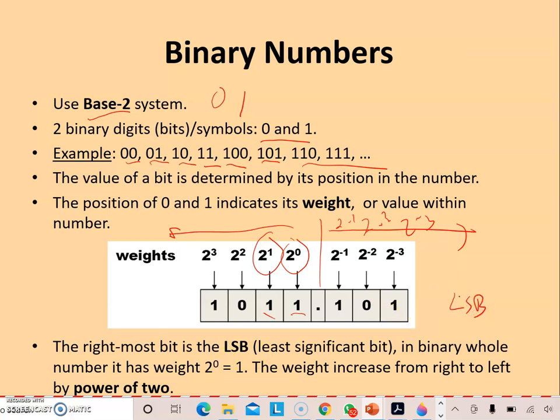In a binary whole number, it has a weight of 2 to the power of 0. Here is the least significant bit for the binary whole number. The weight increases from right to left by a power of 2.